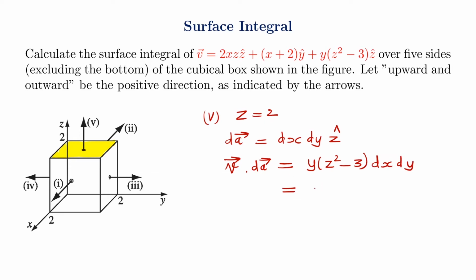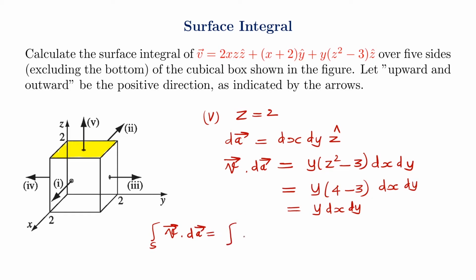Since z is equal to 2, we have y times (4 minus 3) dx dy, which is equal to y dx dy, and hence the surface integral of v dot dA is equal to the integral of y dx dy from 0 to 2.